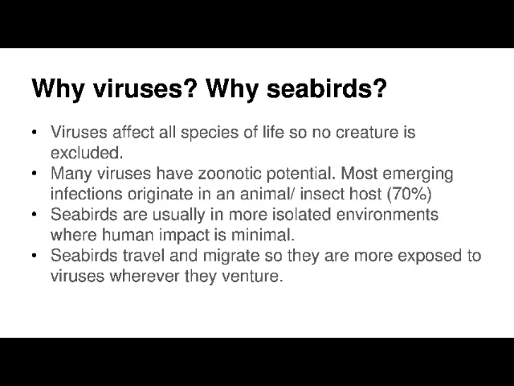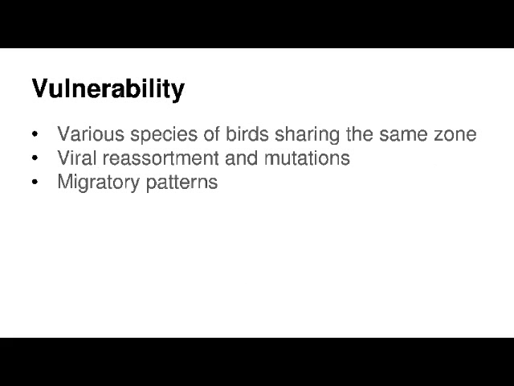Although we don't know if it's correct, some of them went south, but a lot of them went very high up north. And so there's a vulnerability in that seabird population as well as in waterfowl. Most of the work that I'm going to do will be more so in waterfowl rather than seabirds because of the difficulty in capturing seabirds.